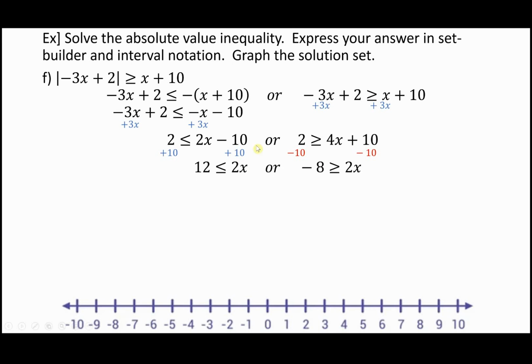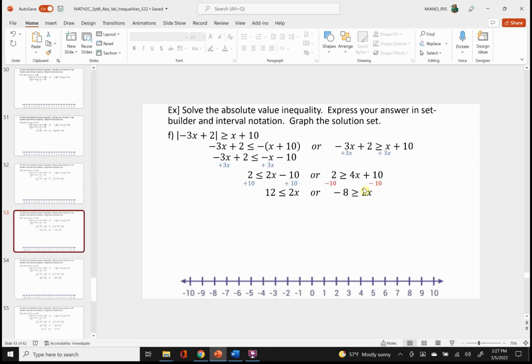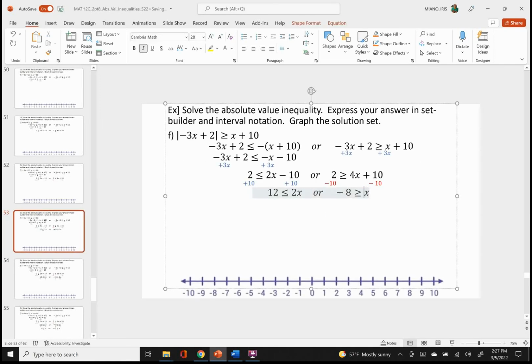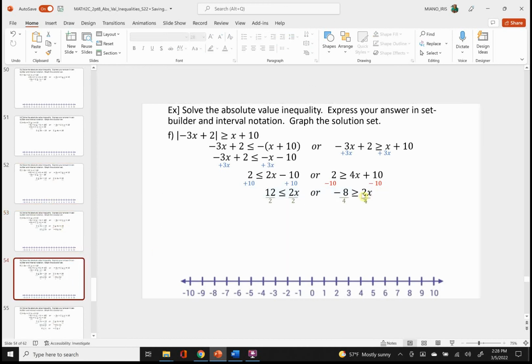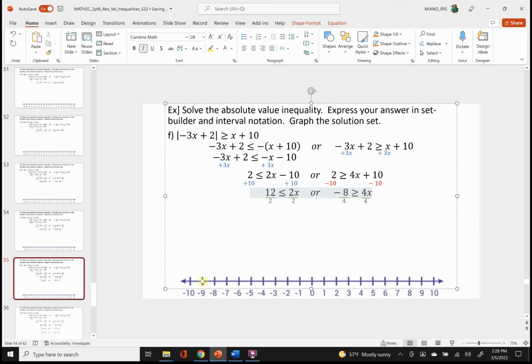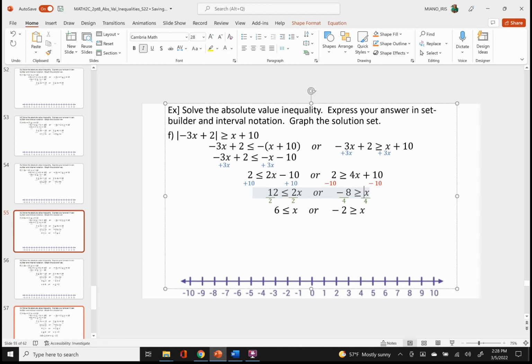Here's the result of those operations, and then on the left-hand side case, we're going to divide both sides by 2, oh no, that's a typo. Hold on, let me actually just fix that real quick. Yikes, that became a 4 right here. There. Sorry about that. And then it's going to be a typo for the remainder. Fixing it in real time. Oh boy. What I really should do is just pause the video and take care of this, but I'm going to go ahead and just fix it with you guys watching.